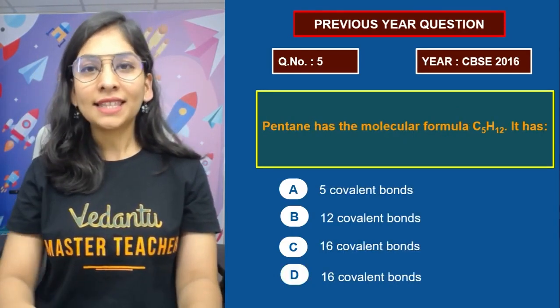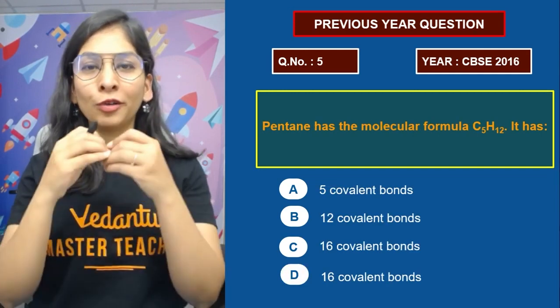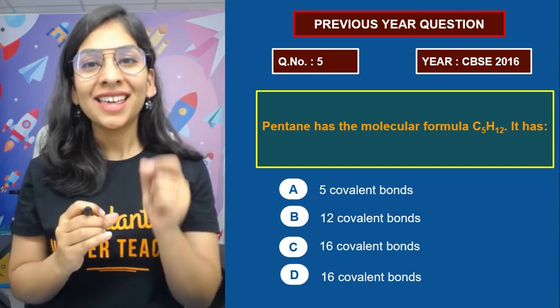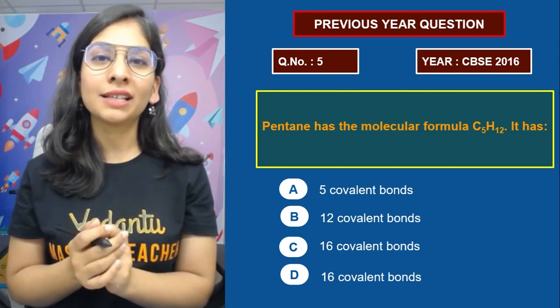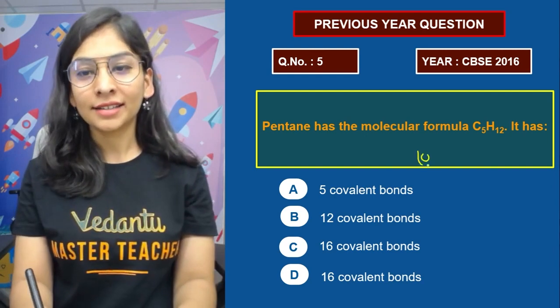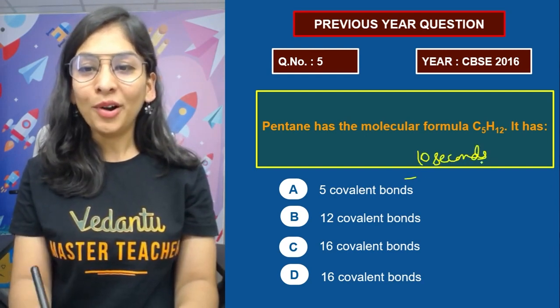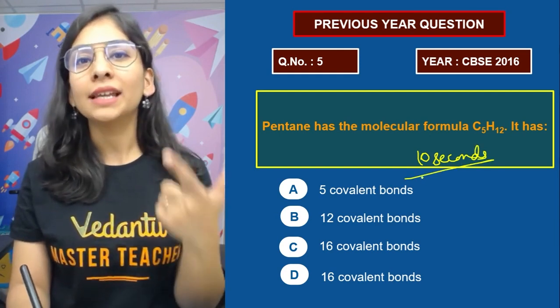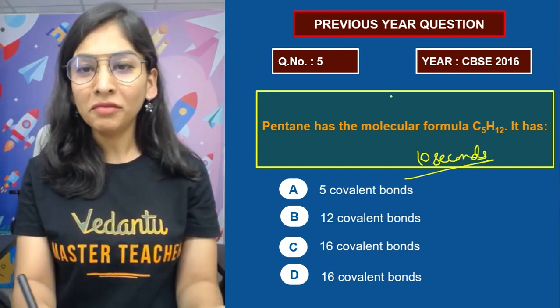Yes. Let's see this question. And if you had followed my one-shot videos, my Umang series videos, this question won't even take 30 seconds, hardly 10 seconds. So how? I told you a formula to check the total number of covalent bonds in alkane, alkene, and alkyne. This is an alkane. Why?